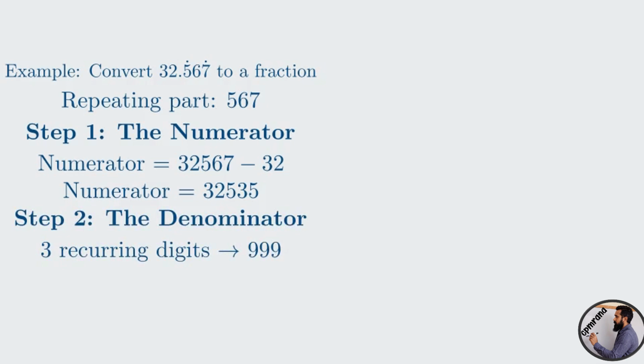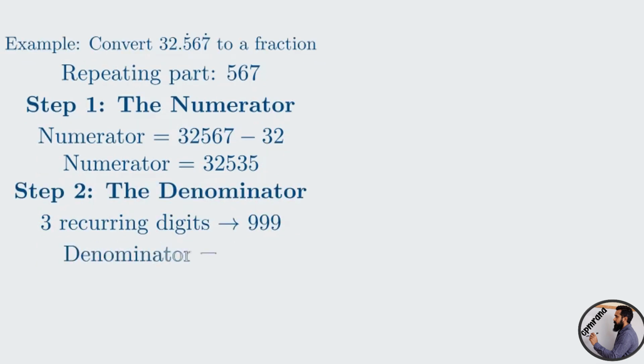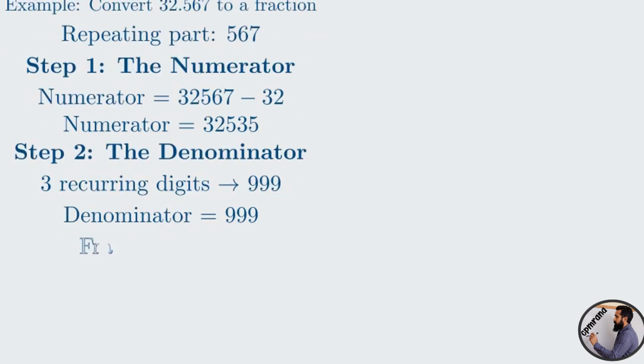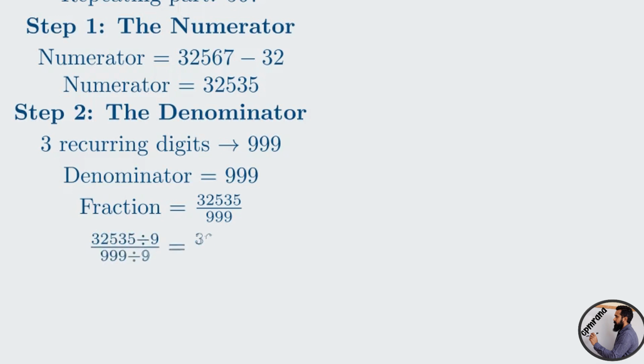Since there are 3 recurring digits and 0 non-recurring digits after the decimal, we write 3 9s. Our denominator is 999. Placing the numerator over the denominator, we get 32,535 over 999. Now, we simplify by finding common factors. Both numbers are divisible by 9.